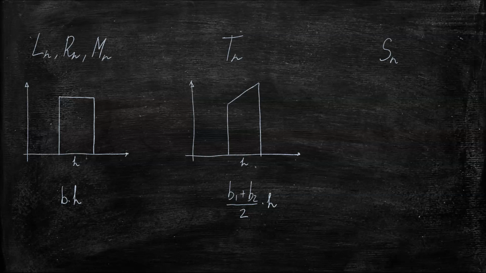And what's going to be different in Simpson's approximation is that instead of using multiple rectangles or multiple trapezoids, let's say if we have 3 points, instead of trying to build trapezoids or rectangles, we're going to build a parabola based on 3 points.